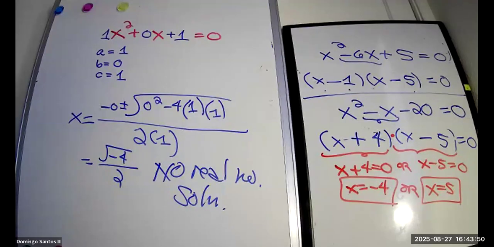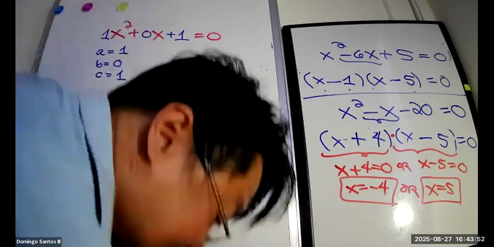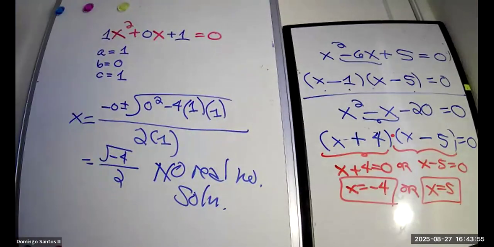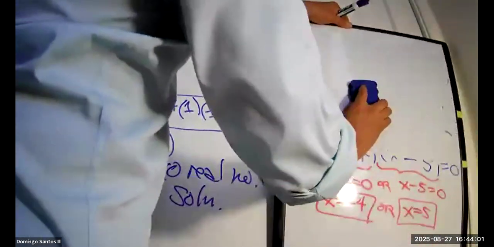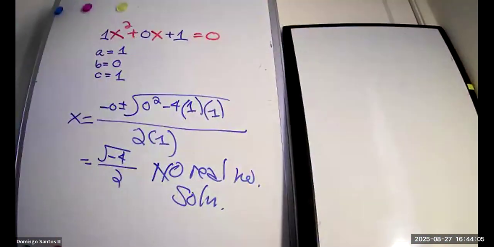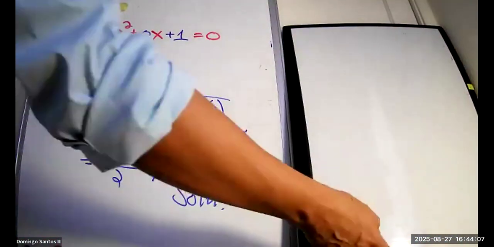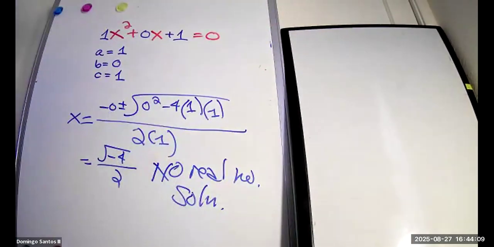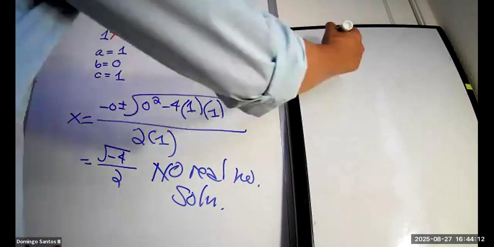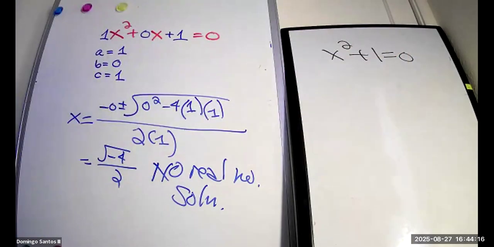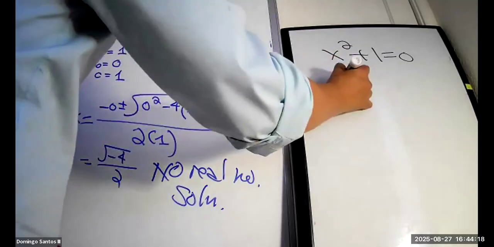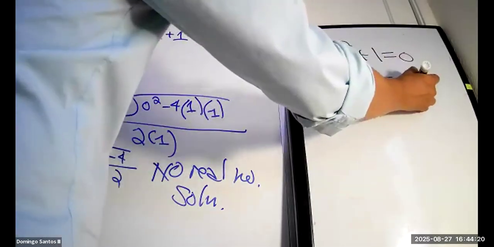No real number solution. Also, one way of looking at this, class, is if, for example, let me just write it here. I'm really clumsy, sorry. I always do that. Okay, so x squared plus 1 equals 0. If I isolate x, that is x squared equals negative 1, right?